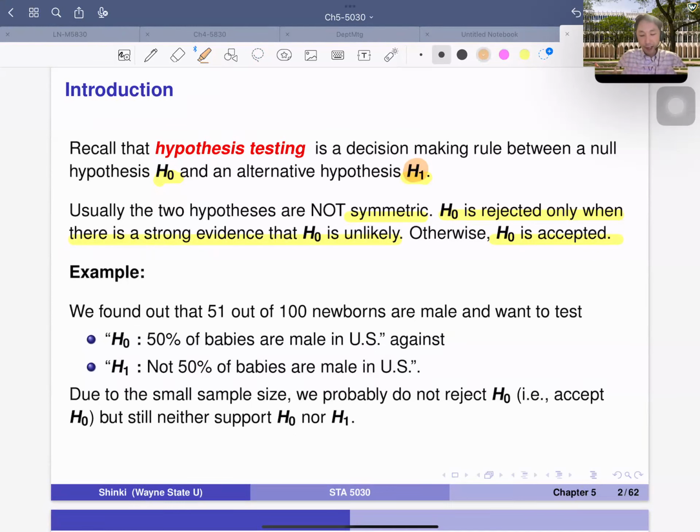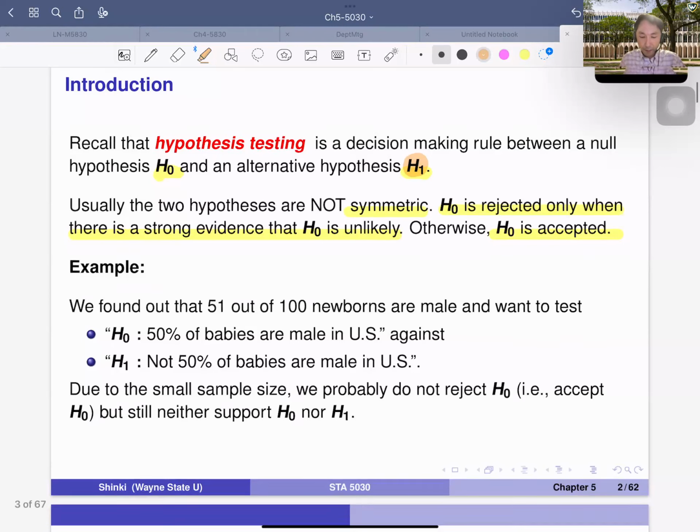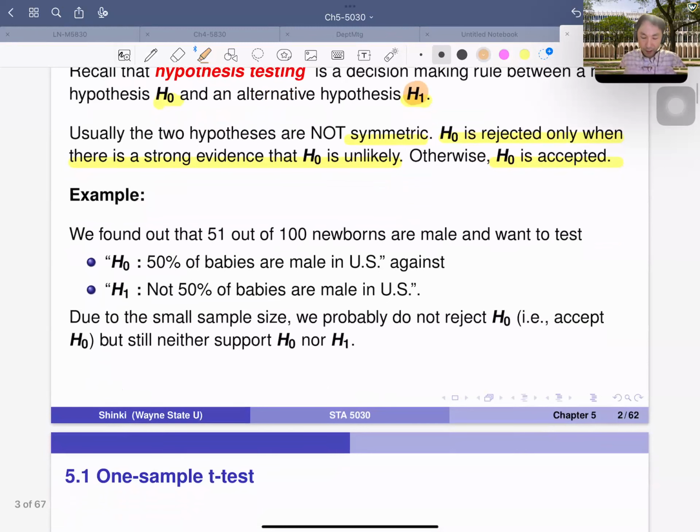Then we can certainly say H1 is true. So H0 and H1 are not symmetric in usual hypothesis testing. We only reject H0 when we have strong evidence, and we reject H0 to support H1.